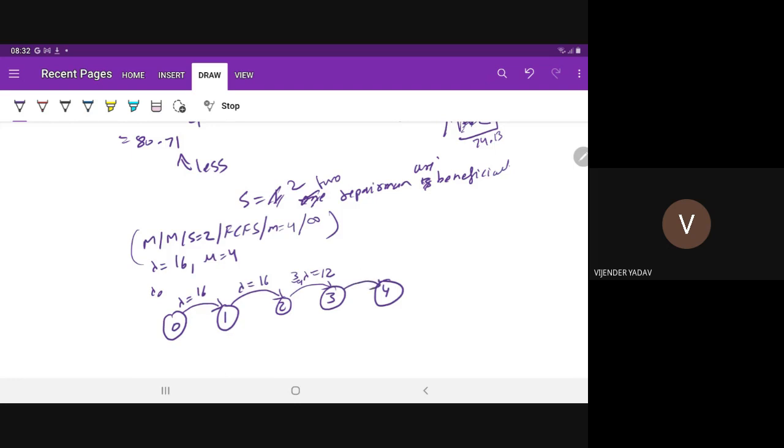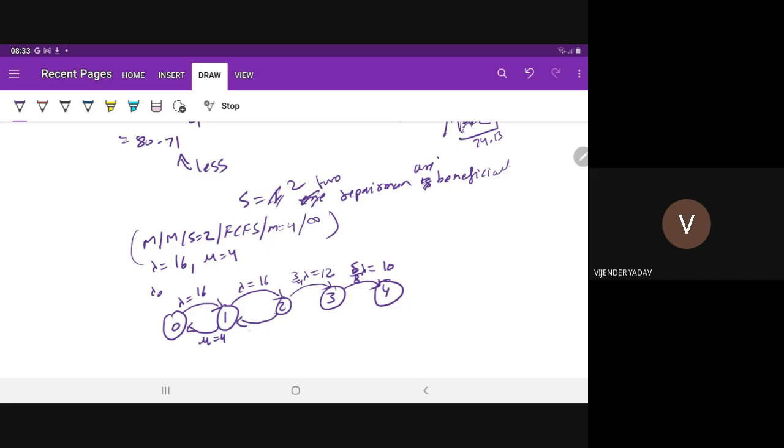And here 5 by 8 will join, so it will be 10. Clear? And there are two barbers, so they provide the service with the rate mu.